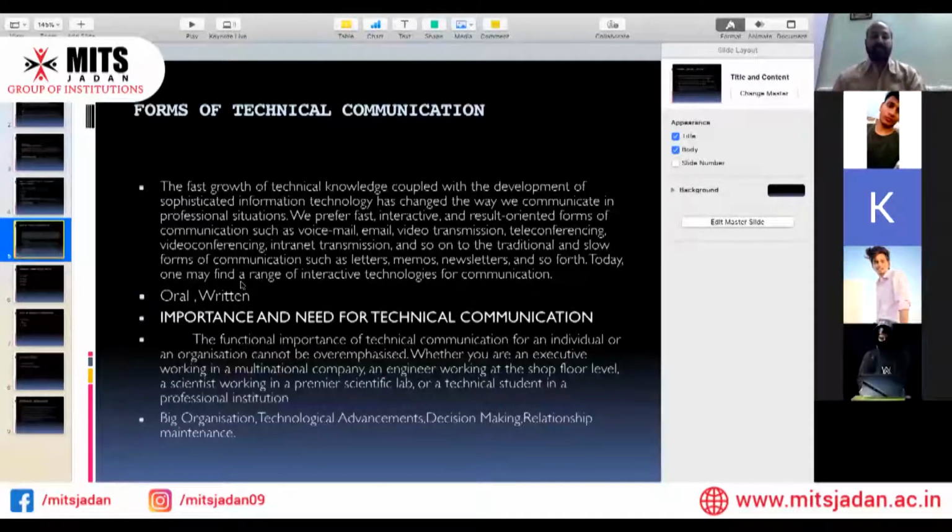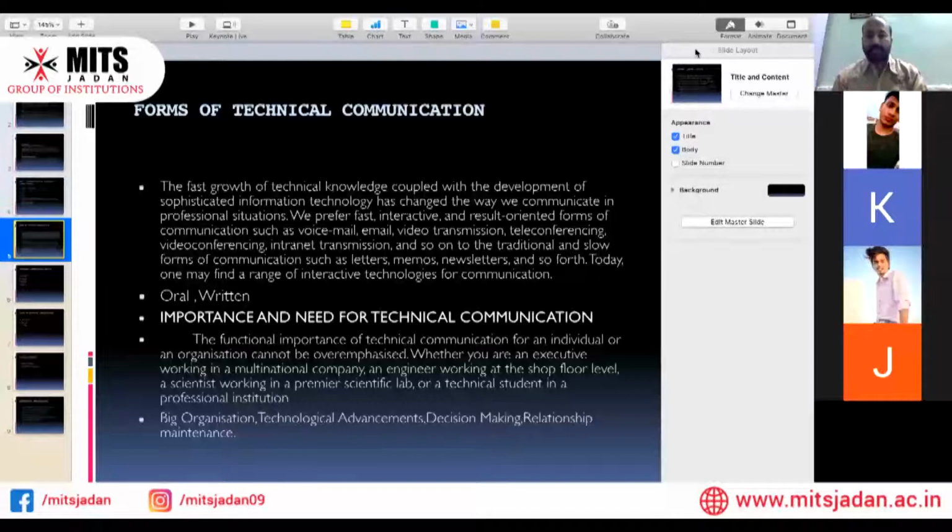It is very much required nowadays for all the professionals, those who call themselves either management gurus or the future engineers. Even we can say every professional who is working in an MNC, in offices everywhere, this technical communication really plays a very important role.